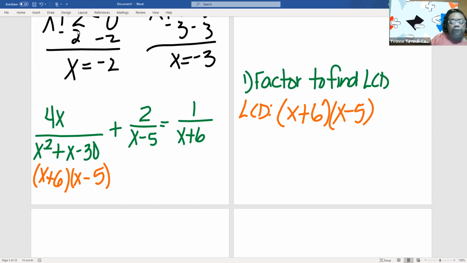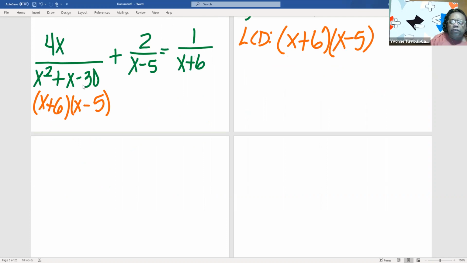As I said before, you have to multiply each term by the LCD. And I also say, remember when we do adding and subtracting, once we factor, we don't consider the original anymore. We're looking at the factored form.